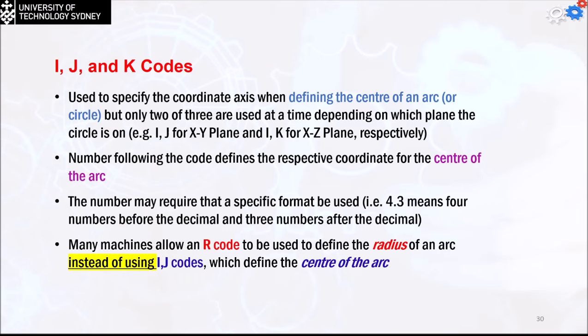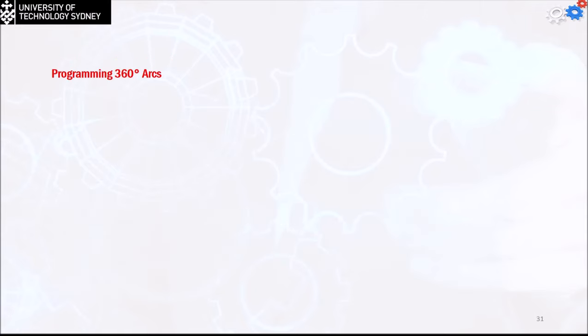Many of the machines now allow the R code to be used to define the radius of the arc instead of using the I and J codes, which define the center of the arc. Now, the disadvantage of the R code is the programming of a 360 arc.